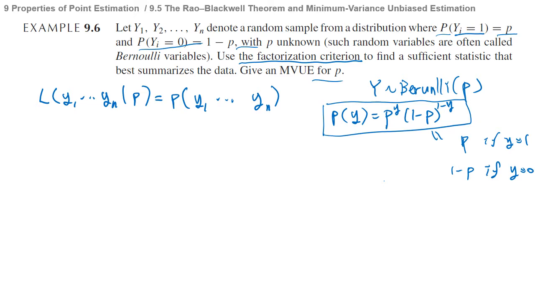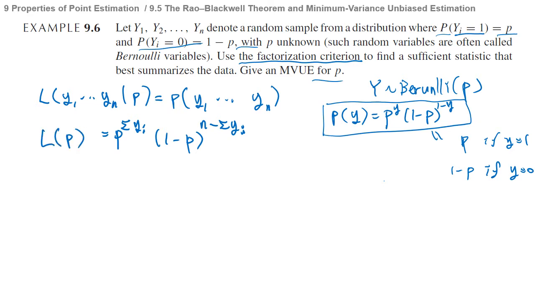Since y1 to yn are independent, the joint distribution of y1 to yn can be written as p to the sum of yi, times 1 minus p to the n minus sum of yi. Okay, so this is our likelihood function.